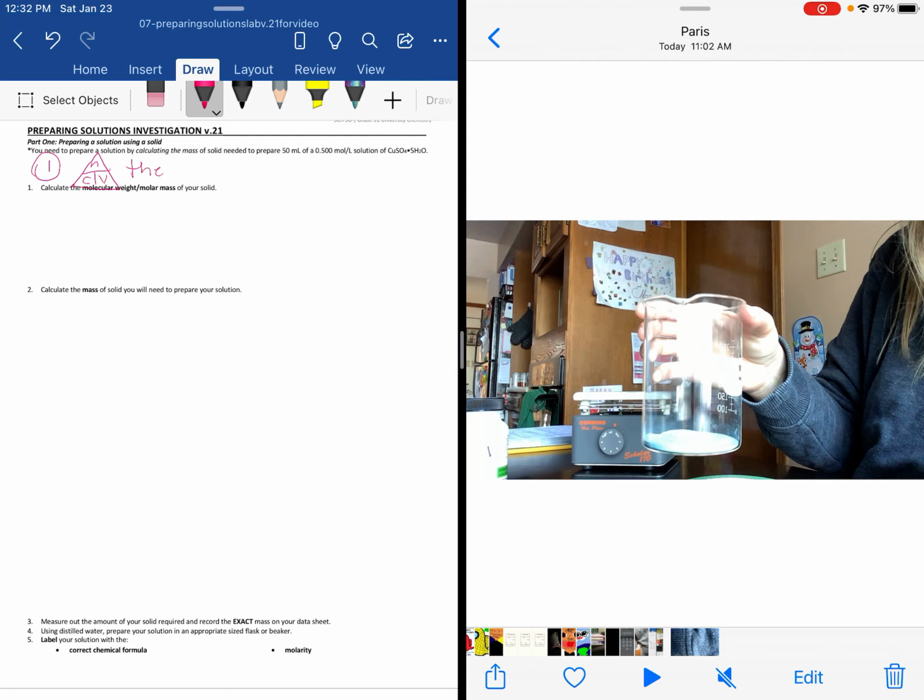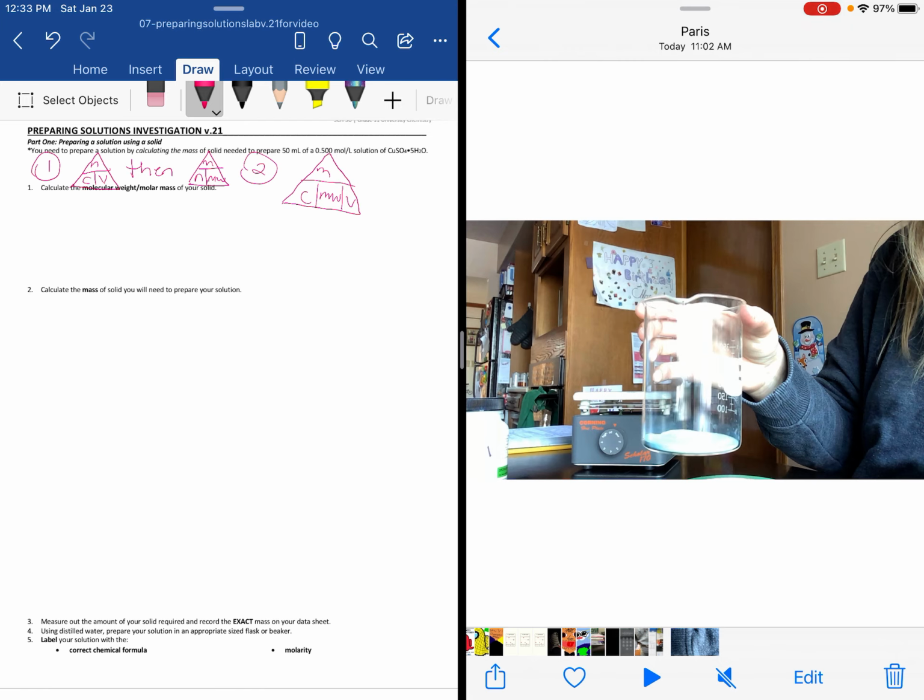Then change it to mass using this formula or triangle from the quantities unit, or dimensional analysis if that is your thing as well. Or you can use the combined one that is talked about in the preparing solutions video again, which is from January 15th.